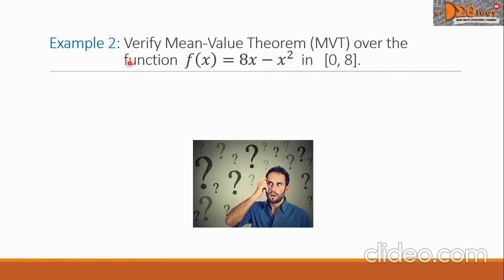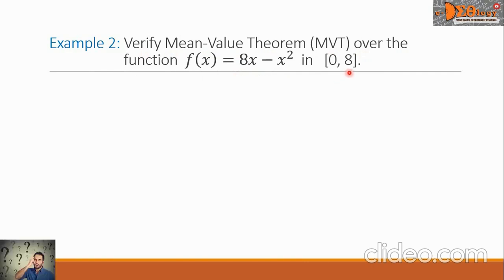Example 2. Verify the mean value theorem (MVT) for the function f of x equals 8x minus x squared in the closed interval from 0 to 8. For our solution, the two conditions must be satisfied.